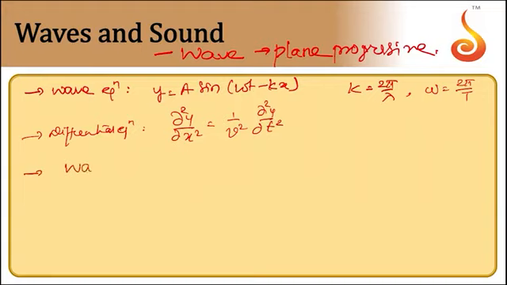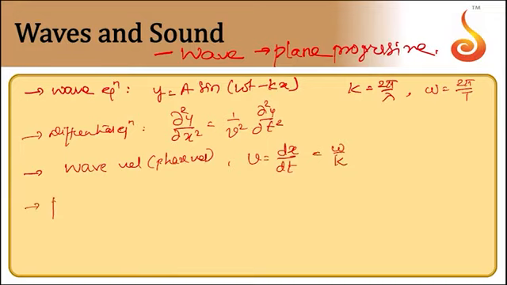The wave velocity, also known as phase velocity, is nothing but the velocity at which energy propagation takes place. So dx divided by dt, that's given by omega by k, of course.